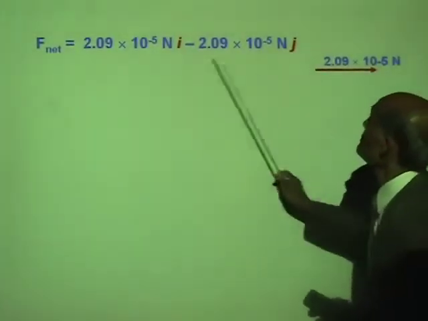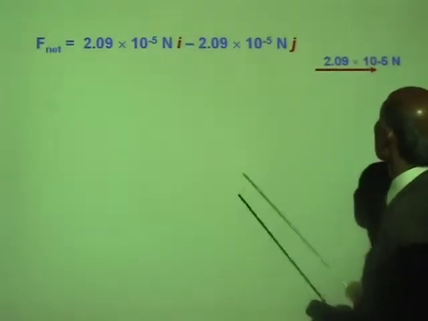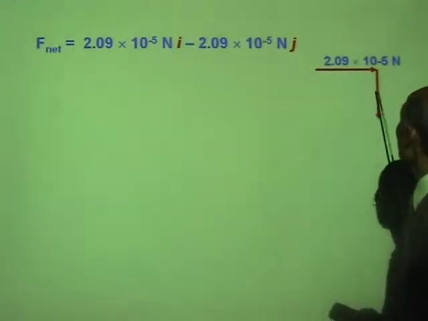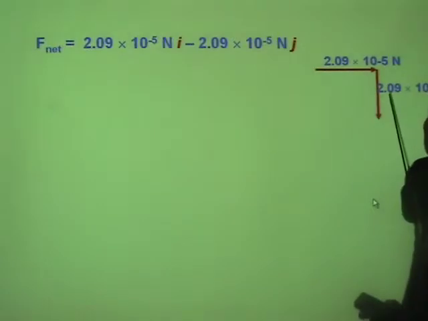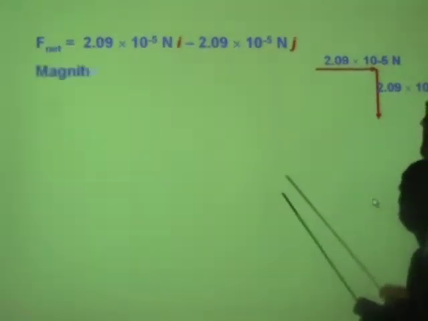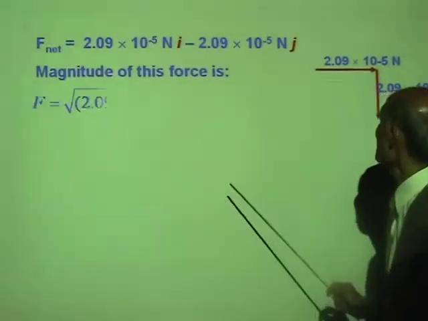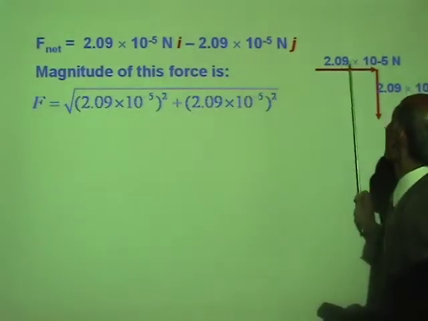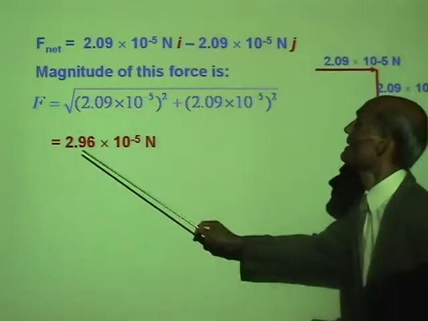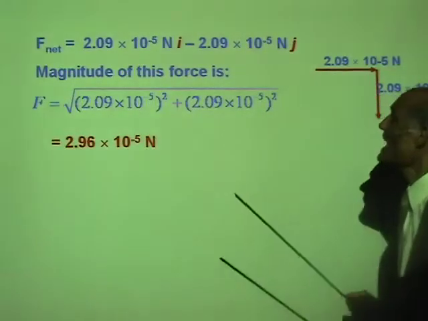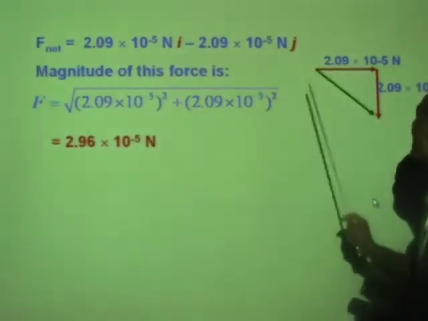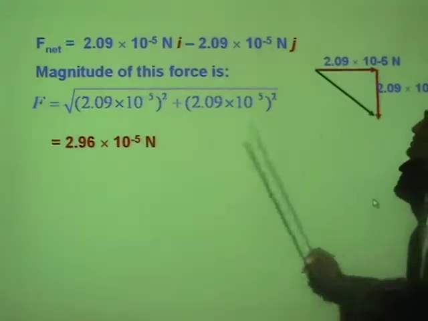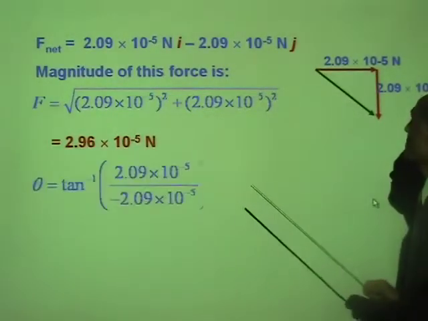So this is the x component, 2.09 times 10 to the negative 5. This is the y component. Alright. The magnitude of this force is square root of x squared plus y squared. That is 2.69 times 10 to the negative 5 Newton. That is the magnitude of the resultant.